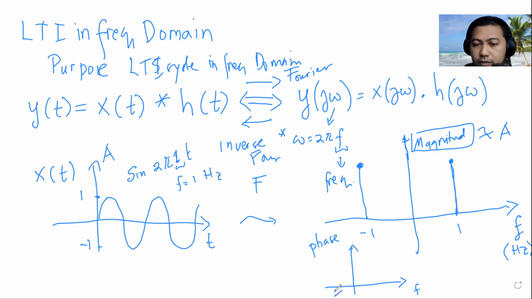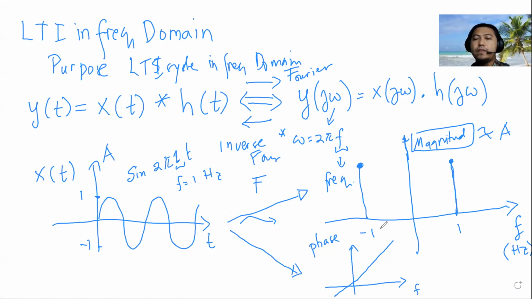For example, linear changing means that as the frequency increases, the phase also changes linearly. So in the time domain you see only one graph, but in the frequency domain you can see two graphs, because the frequency has a magnitude and a phase. Okay, is it answering your question?